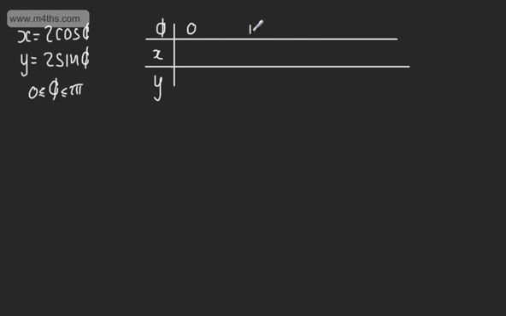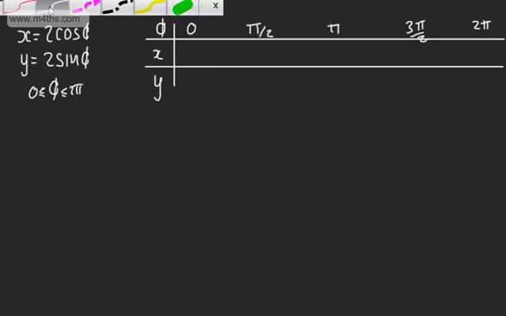I'll certainly do pi by 2, pi, 3 pi by 2, and then we'll look again at 2 pi. When we get 2 pi, hopefully we'll see that it gives the same value as 0, but I'll bolt it on at the end to have that there. So what we can have from here is the following. Let's just put these up. I might put some values in the middle just to make this more obvious of what it's going to do.